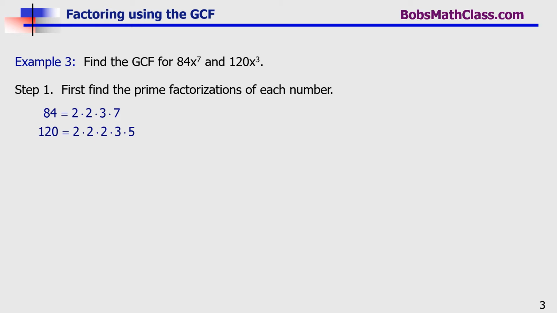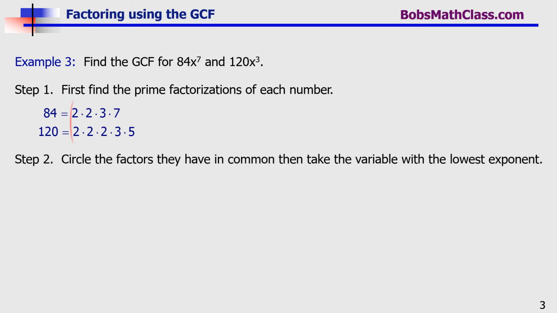Circle what they have in common. It looks like 12 again, right? Yeah, 12 goes into both 84 and 120. And then we're going to take the variable with the lowest exponent. So the exponents are 7 and 3. So the GCF is 12x to the third.